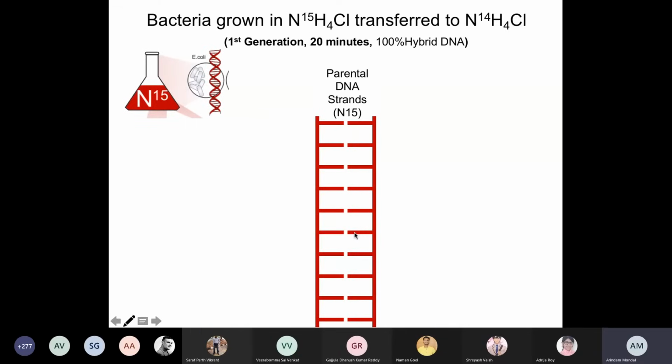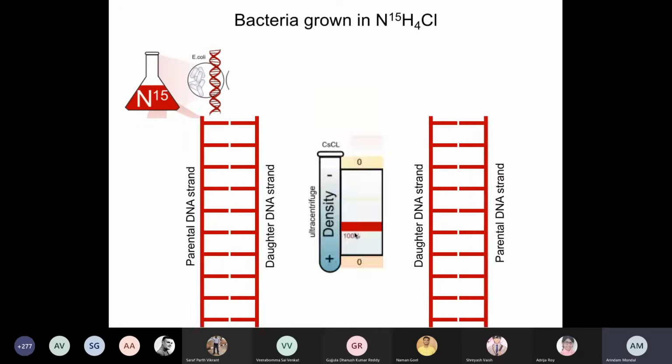All right, now say for example, you take the same bacteria and then you culture them in an N14 ammonium chloride containing media.